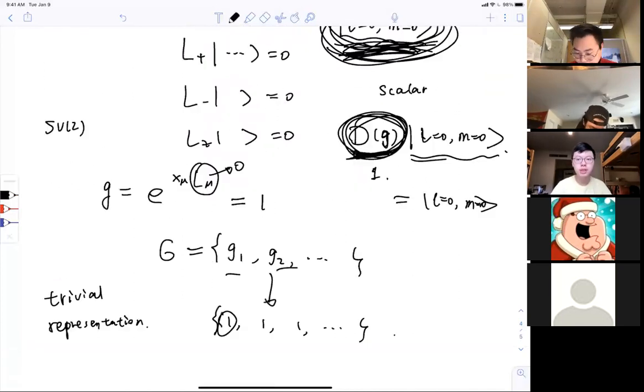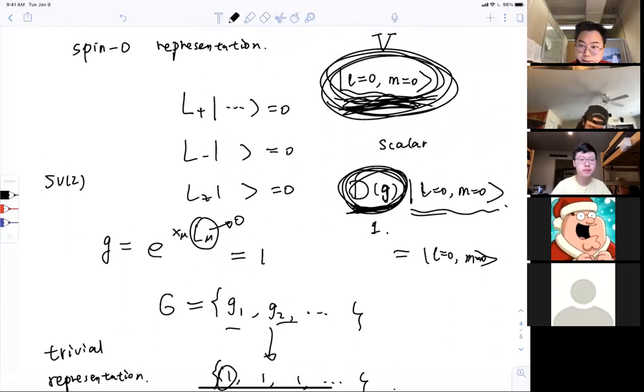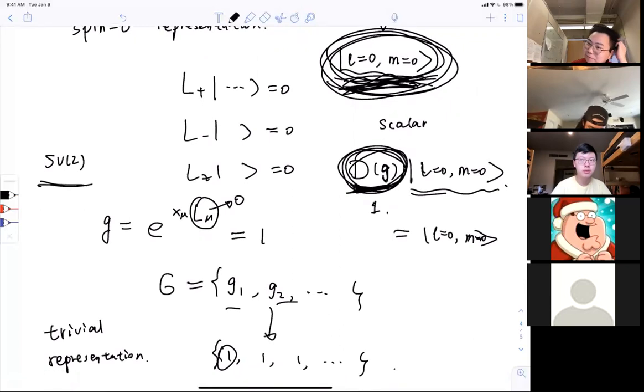So by saying rotation, do you mean that SU2 is a group of rotation in 3D? Yeah. I mean, it's a rotation, or it's a rotation in spin space or whatever. So is there any special distinction, like the rotation in 3D space or in spin space?